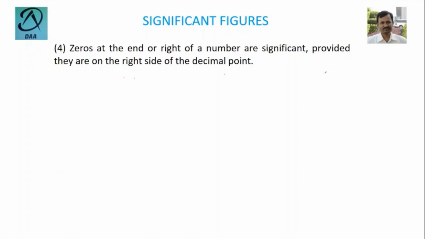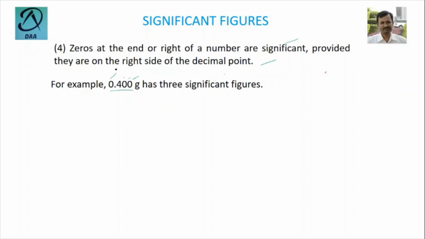Now point number 4: zeros at the end or right of a number are significant provided they are on the right side of the decimal point. Example, 0.400. So these 2 zeros are at the extreme right side after the decimal point.